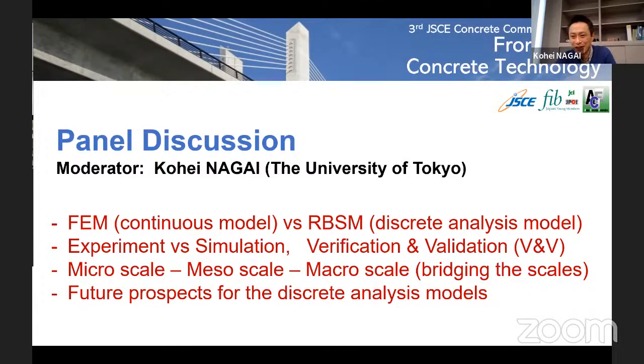Can you explain the situation or some future perspective of the multi-scale concept using the rigid body spring model or discrete analysis model? Professor Bolander or Professor Nakamura.